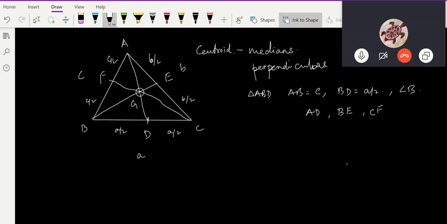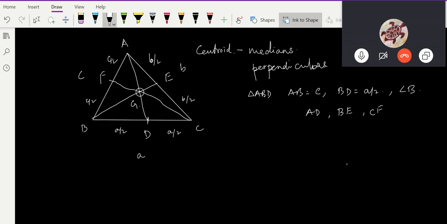And in order to find the point of intersection, we just need to have the equation for any two of them. And if we know the equation of any two, then we can solve to find the coordinates of G. So how do we find the equation of any two?